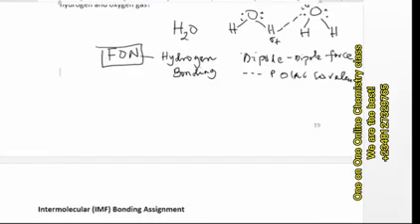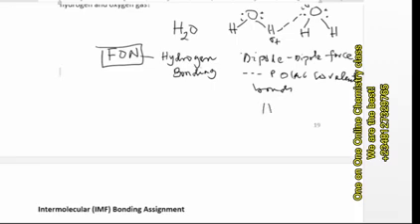Note that in the formation of dipole, we don't have hydrogen attached to highly electronegative elements. That's one of the indications for differentiating between hydrogen bonding and dipole.